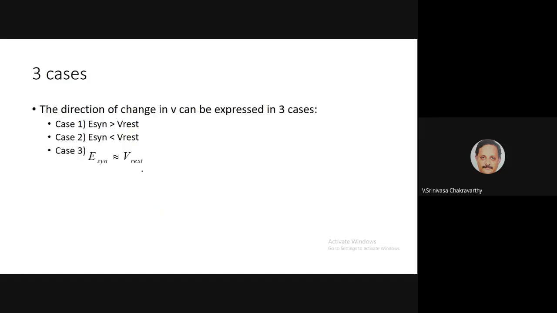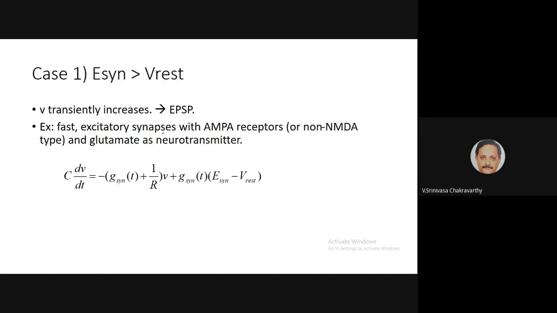Now we have three cases. One is when E_syn is greater than V_rest, next E_syn less than V_rest, and third, very interesting, when E_syn is roughly equal to V_rest. The first case, E_syn greater than V_rest: this is when i(t) is a positive pulse.